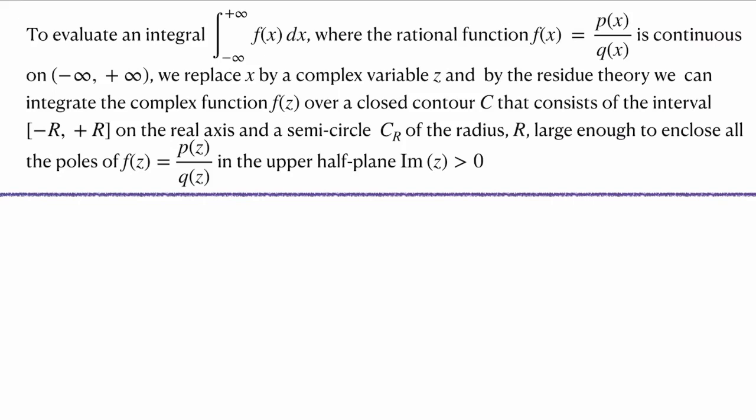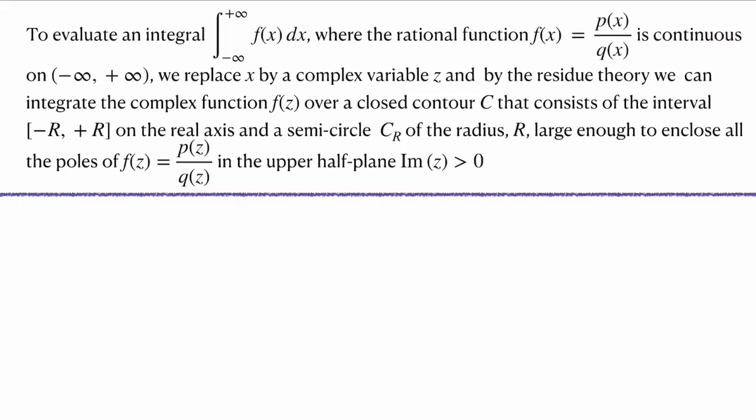the function is usually of the form p of x by q of x. You know that the function f of x itself is continuous on the real axis, that is from minus infinity to plus infinity.